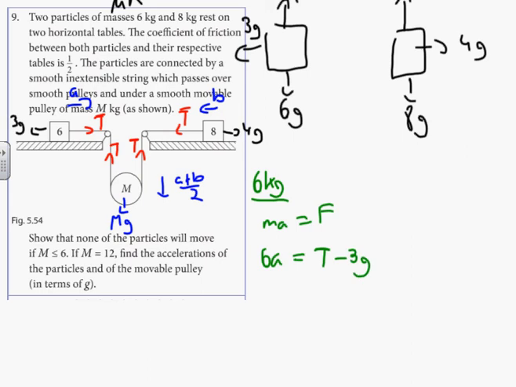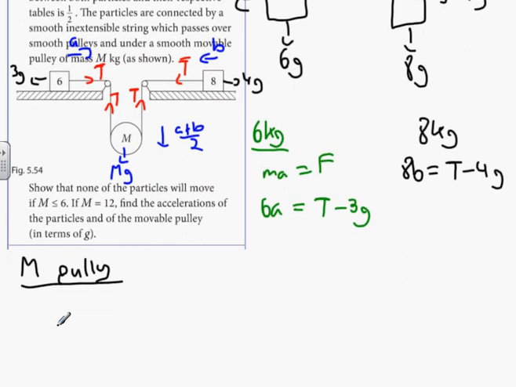What about the other one, the 8 kilogram particle? 8B equals T minus 4g. Another one. Very convenient, okay?